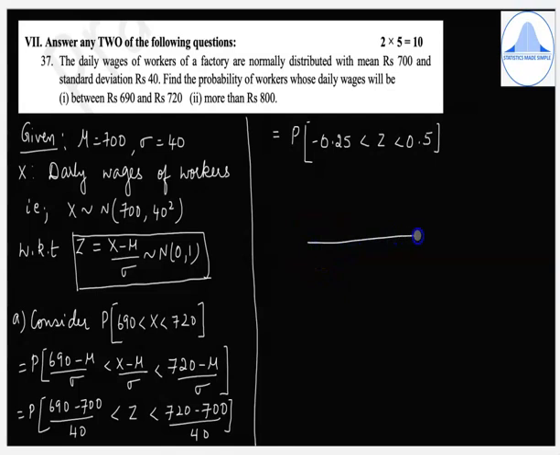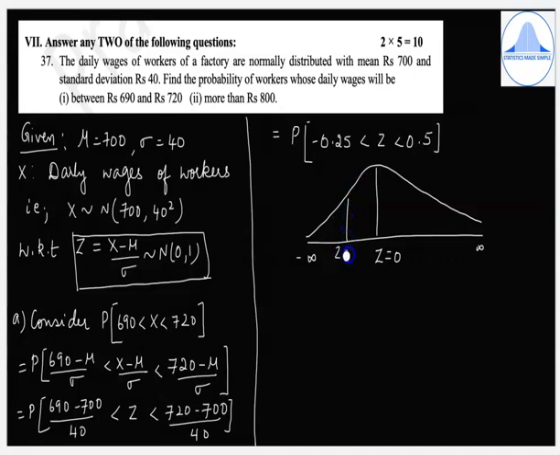So now let us draw the normal curve. Center line you mark as Z equal to 0. This is minus infinity and infinity. Now take the first value here. Minus 0.25 is negative, so mark it on the left tail.